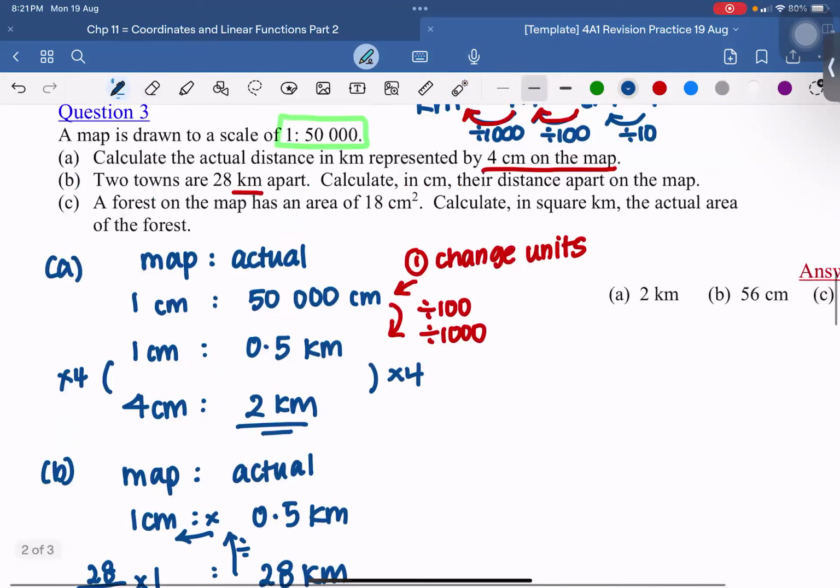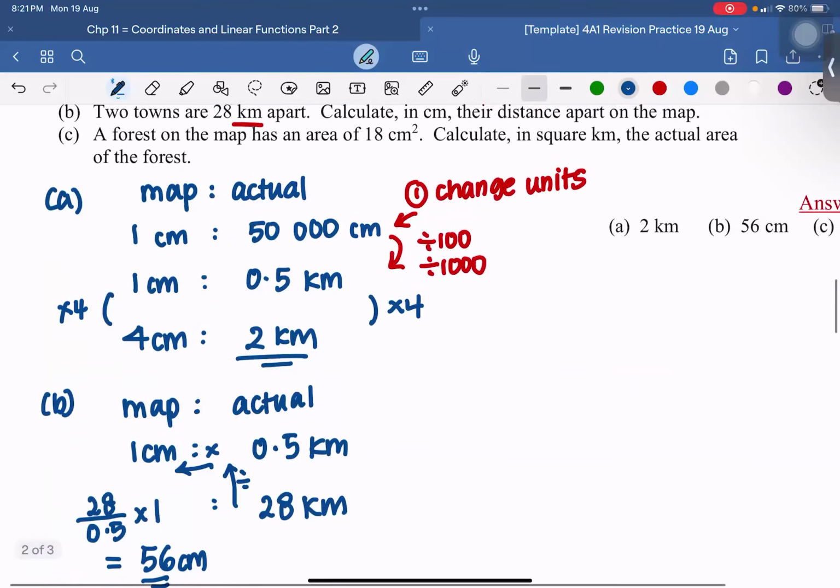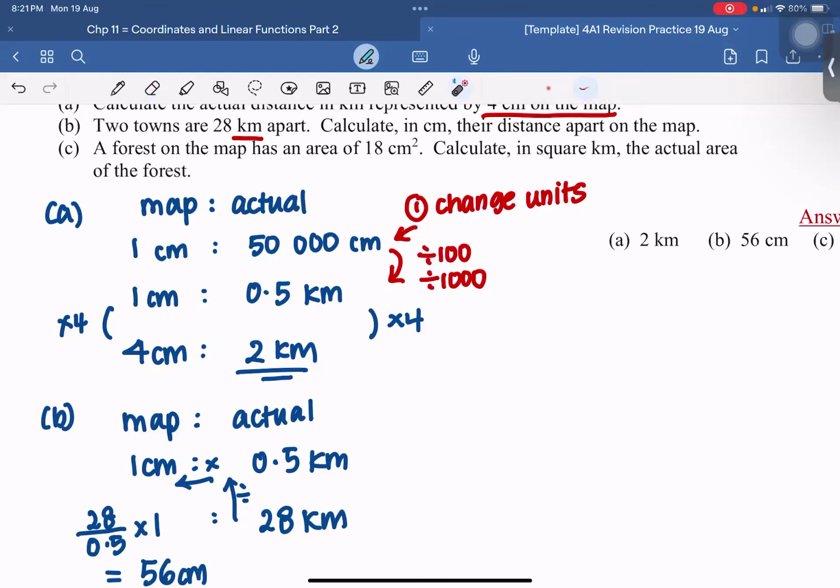Next part B, C: a forest on the map has an area. Okay, observe this one. Look down here very carefully. This is cm square. Is this the map or is it the actual? This one is cm square. Is it the map or is it the actual? Map. Yeah, this is the map. Okay, now they want to calculate in square kilometers.